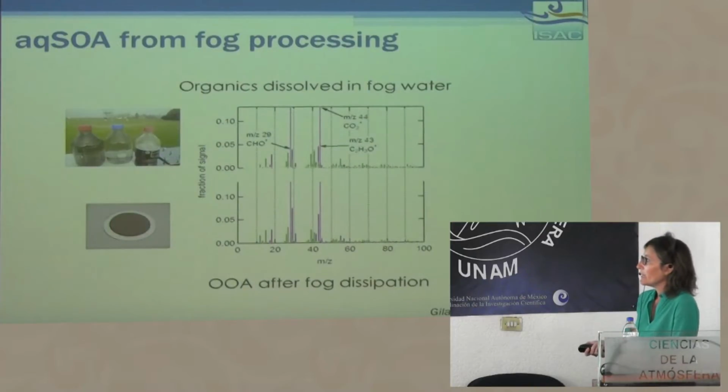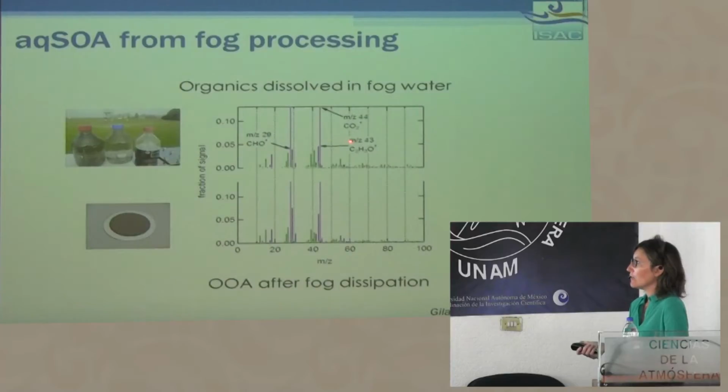The most intense peaks are at m/z 29, which is CHO+, m/z 44, CO2+, and m/z 43, C2H3O+, which for those that are familiar with this kind of instrument, these peaks are very typical of oxidized organic aerosol or secondary organic aerosol. And what is particularly interesting here is the importance of the peak at m/z 29, which is usually observed in oxidized organic aerosol in cloud droplets.